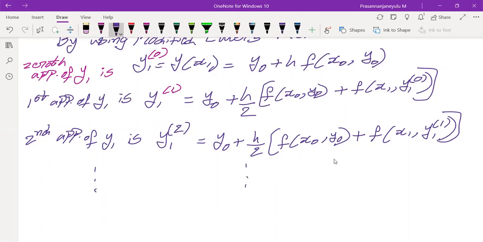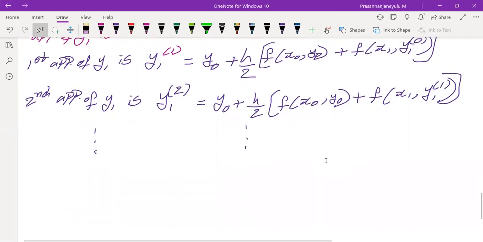In the same manner, we go up to the kth approximation or k plus 1th approximation.